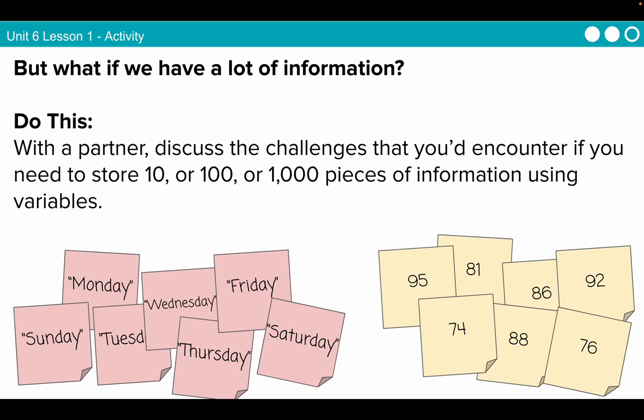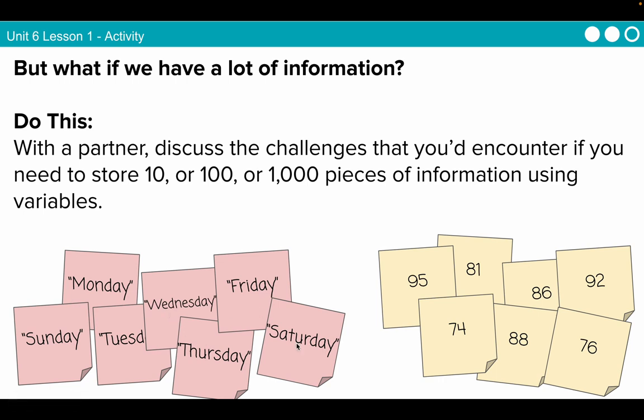So one challenge is that you would need to make a variable for each piece of information, and it could get difficult to name them all, especially if you have to have a meaningful name for each one of those. So for example, our days of the week, likely our variable name would be day of the week, and we might name it day of the week 1, day of the week 2, day of the week 3, or just day 4, day 5, day 6, day 7.